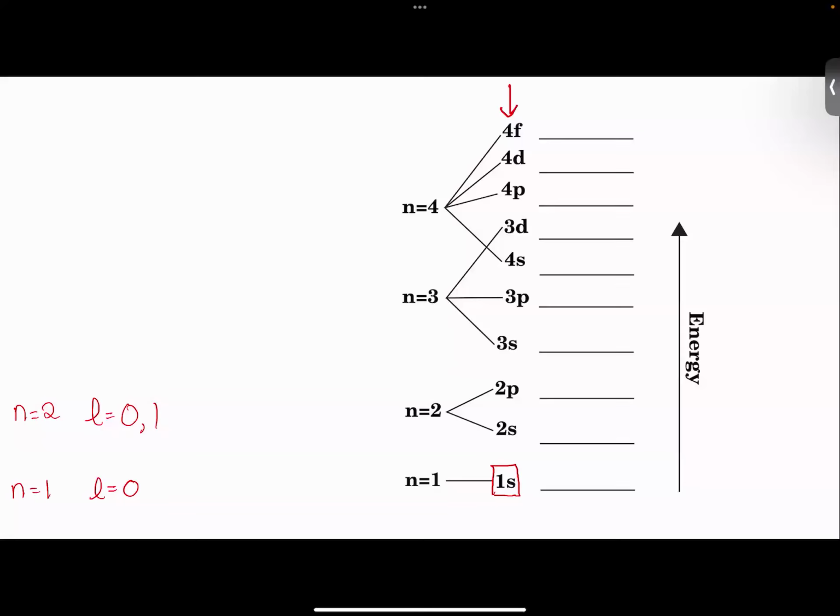That's why you had the 2s and the 2p subshells. If n is equal to 3, L can be anything from 0 to 3 minus 1, which is equal to 2. In other words, L can be a 0, a 1, or a 2. Because of that, you have the 3s, 3p, and 3d available.